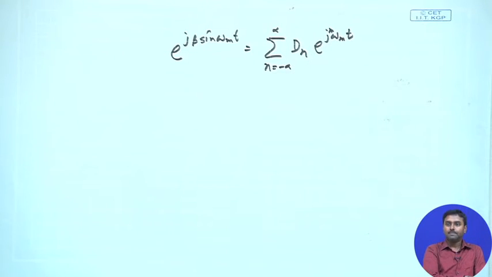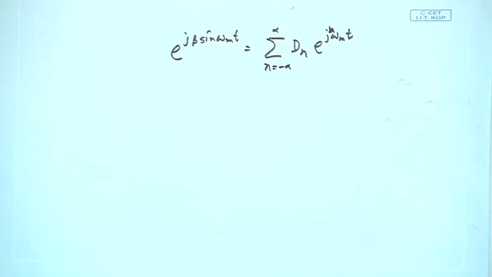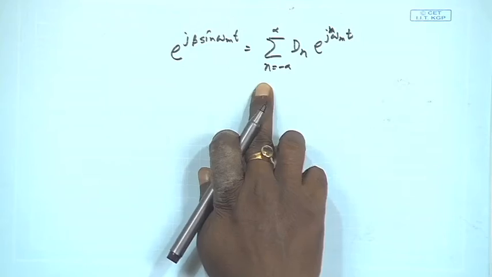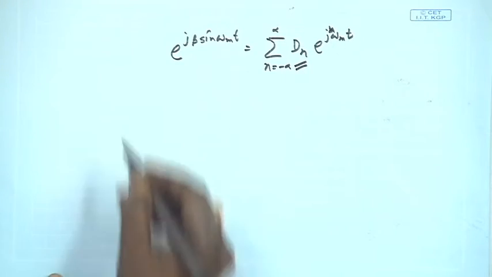It must be that for every frequency term I will be getting a corresponding term. Yeah, it is not m, it should be n. So, for every value of n I will be getting a corresponding dn, and I will be getting that frequency term, right. Now, this dn, how do I calculate?